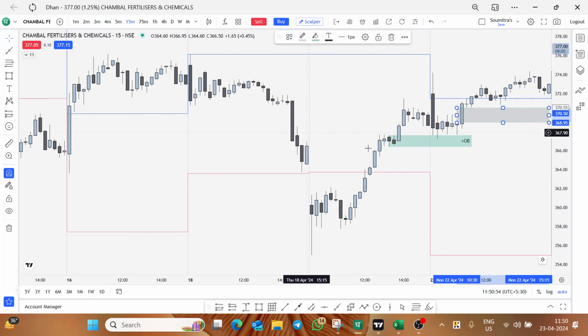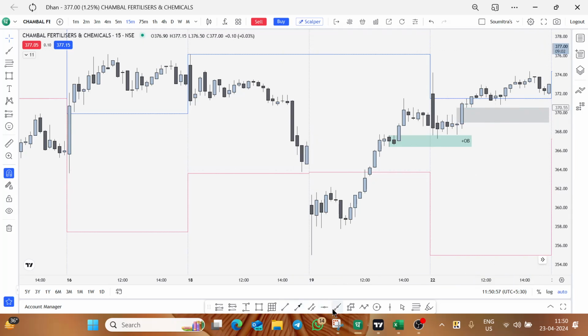So this was a bullish order, FVG, and also we can see here the last down close candle, which is the order block, has this high, and this high is right at the middle of this fair value gap.